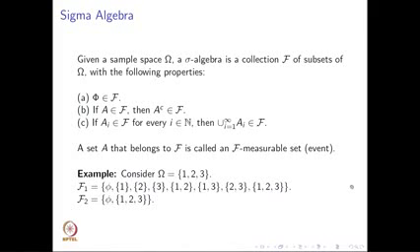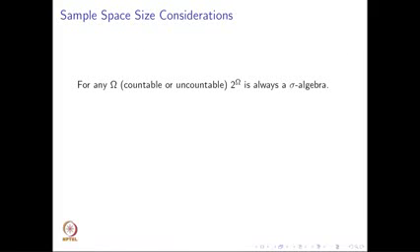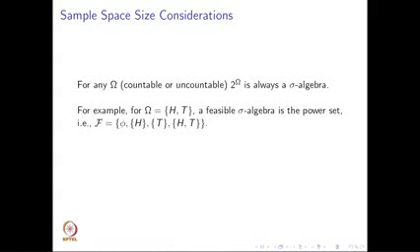Now that we know what a sigma algebra is, let us try and understand how this concept is useful. First of all, for any omega, countable or uncountable, the power set is always a sigma algebra. For example, for the sample space comprising two elements h, t, a feasible sigma algebra is the power set.